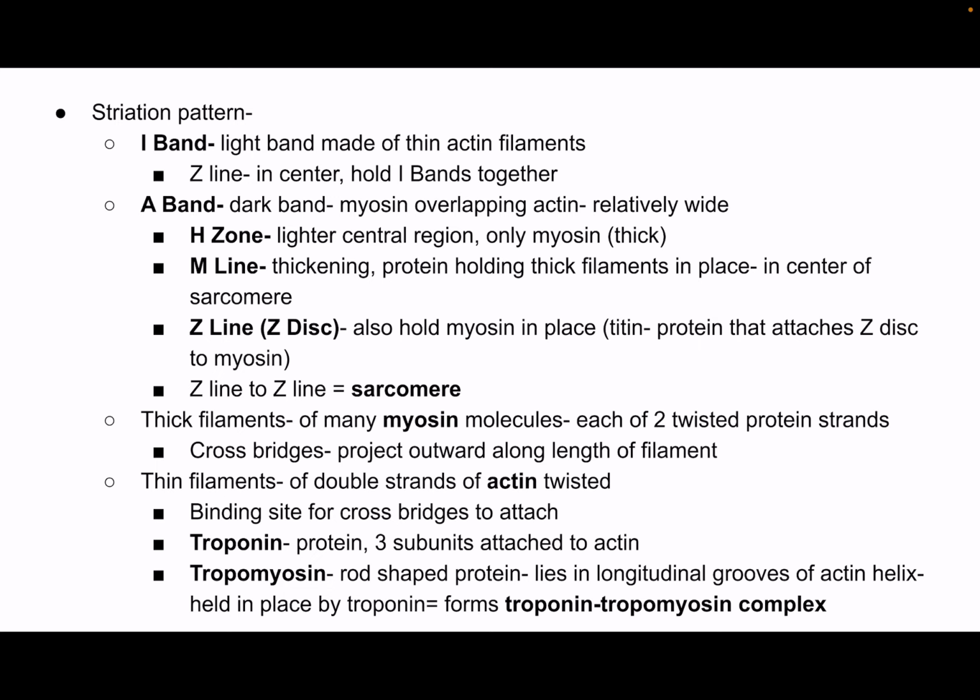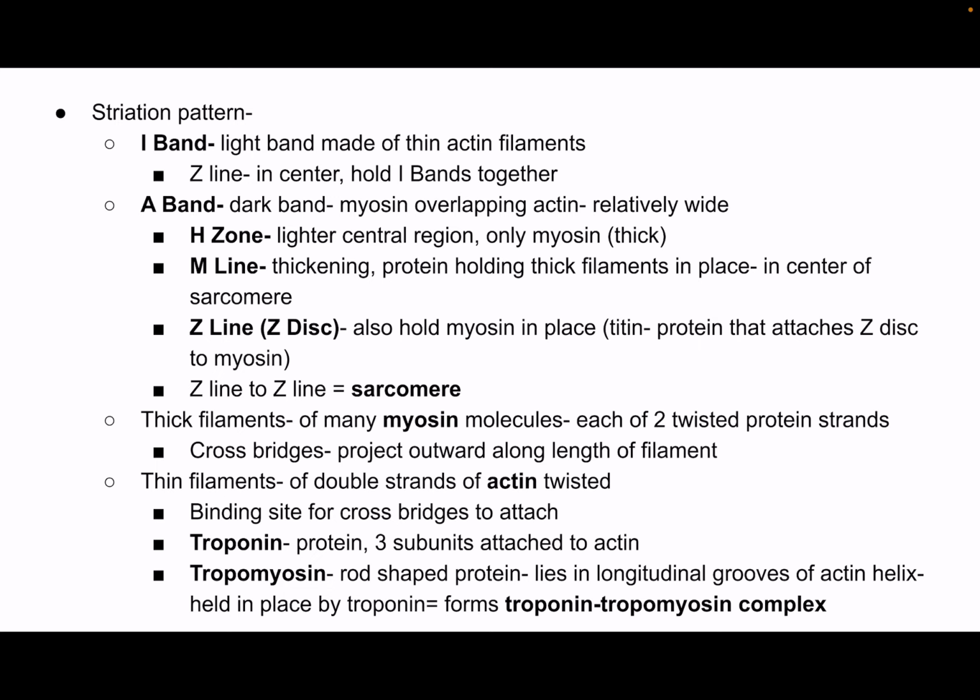Okay, the troponin is what holds the tropomyosin in place. So troponin holds the tropomyosin in place. When we go to contract our muscle, I have to shift the tropomyosin out of position. So that whole thing is called the troponin-tropomyosin complex. When we get to the actual contraction part of the muscle, I have to move those things in order for the cross bridges of the myosin to attach.